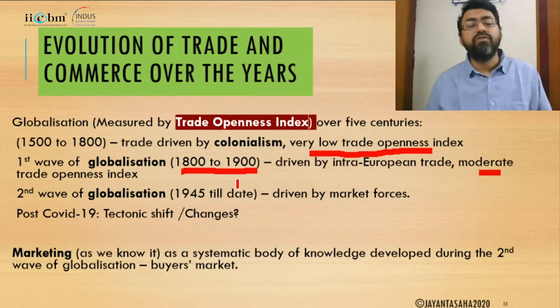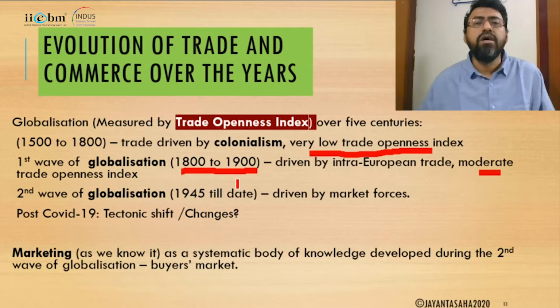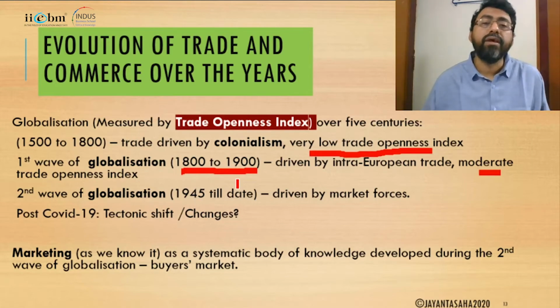So the US defense industry received a huge impetus after the First World War, and the 1920s also saw a lot of boom in the US, riding on the First World War flourishing economy.